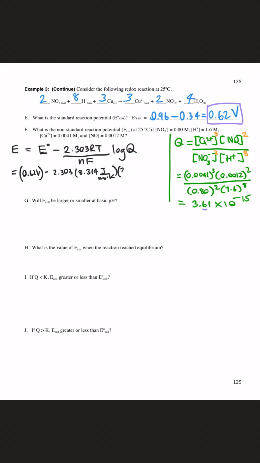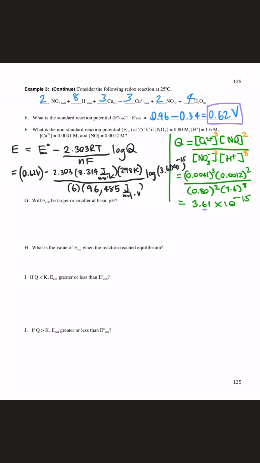In this case it would be 298 Kelvin, divided by the number of electrons transferred, which is 6 from the previous step that we determined. And the Faraday constant would be 96,485 joule per mole per volt. Then multiply by the log of the Q value, which is 3.61 times 10 to the negative 15.